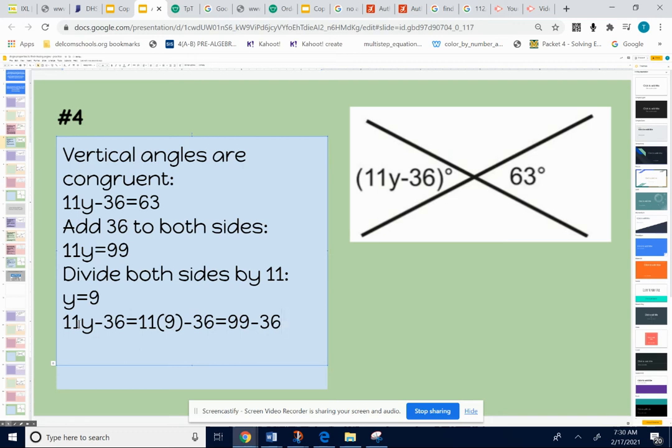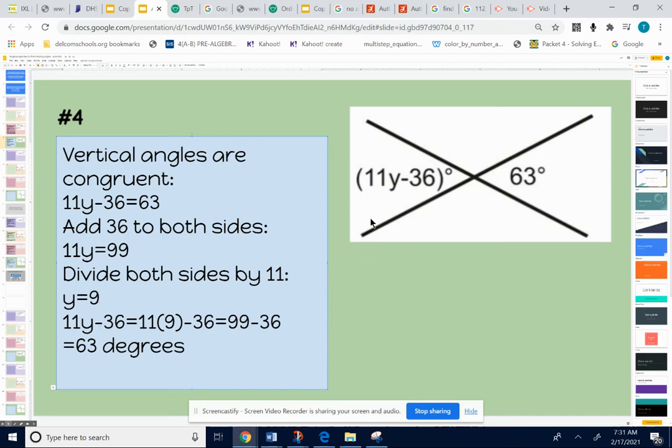Equals 63 degrees. So we knew that the two angles were equal because they were vertical. We wrote an equation showing that the two angles were equal to each other. We solved for y and got y equals 9.